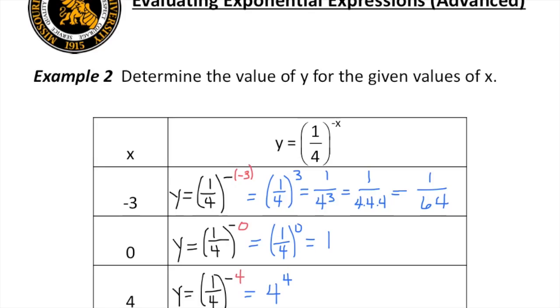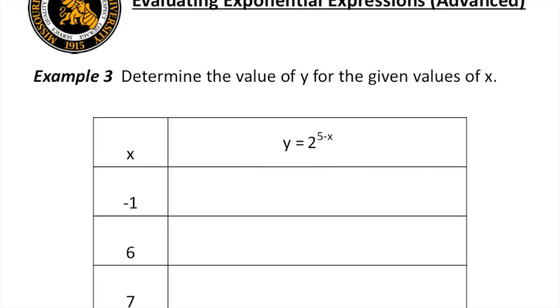The negative exponent tells us to flip everything inside the parentheses, and after doing so, the exponent becomes positive. 4 to the 4th power is 4 times 4 times 4 times 4, which gives us 256.